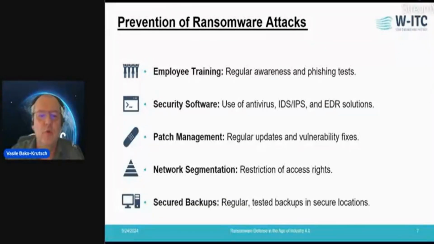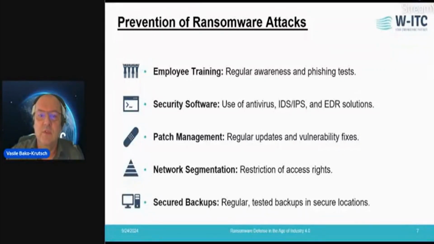A second measure would be the usage of modern security software like antivirus programs and anti-malware solutions. These are essential defense lines against ransomware. These programs, these solutions, should be regularly updated to recognize and block the latest threats.